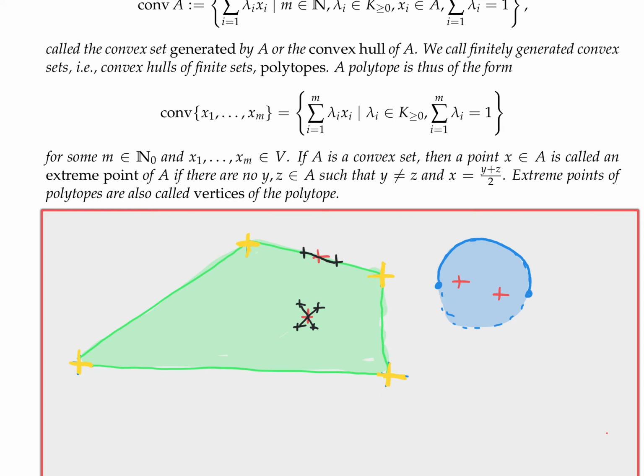Now what are the extreme points? I guess all this part which I have added on the boundary will now be extreme points. So there are many extreme points. A whole segment on this circle consists of extreme points.